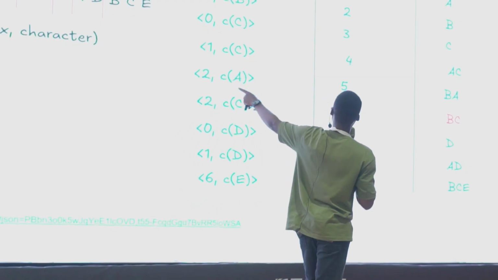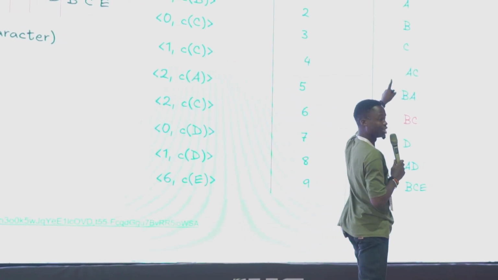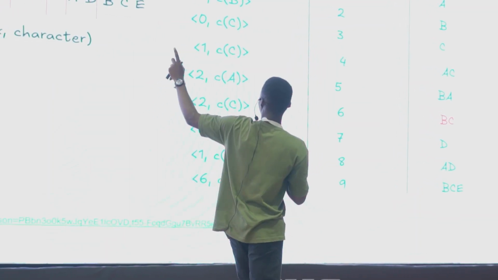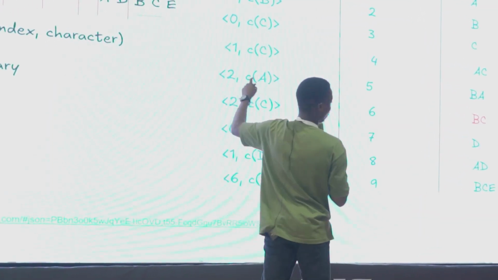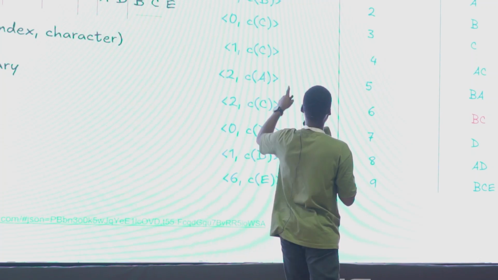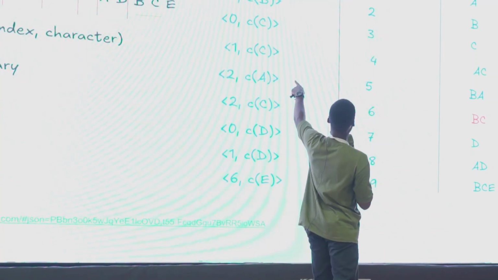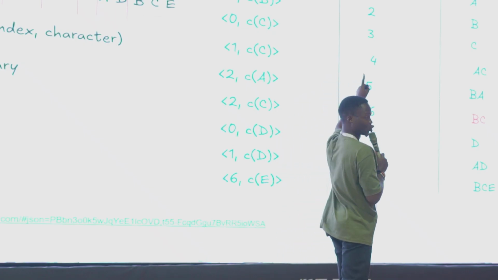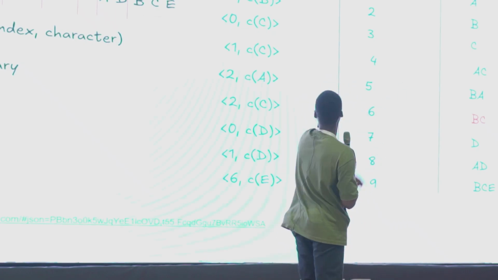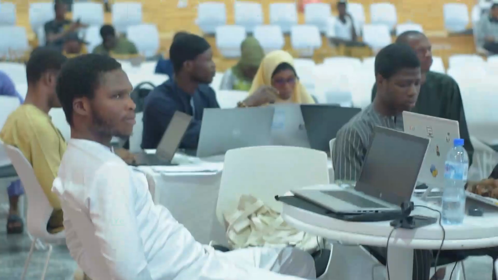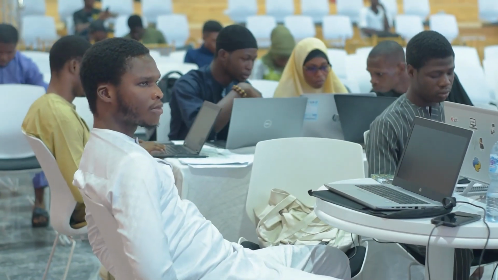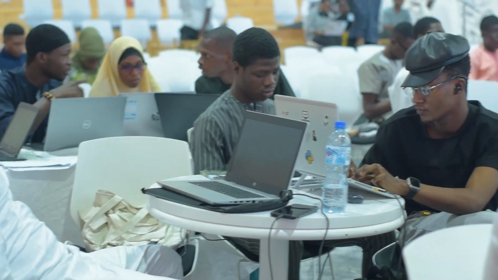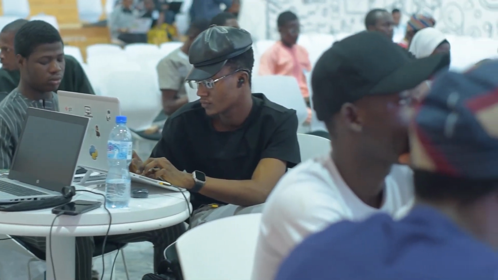You can see the entry is A. Don't worry, over time we understand. Then we have B. We've not seen B before, so we register B as index 0, character B, and you can see the index as 2 and the entry as B. We've not seen C before, so we are going to have index 0 and the character C, and then you can see the entry as C.